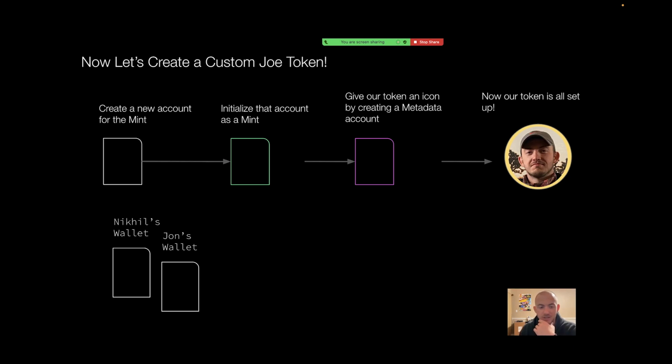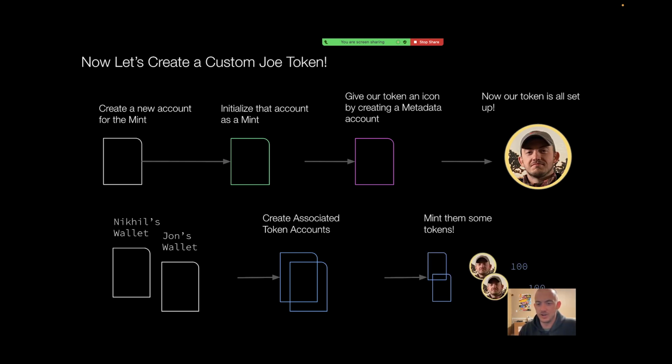So make sure you go get those if you don't have them. It's hilarious. So anyway, we create those associated token accounts, get those set up. And once those are set up, we could do exactly that. And we can just go airdrop those tokens. And then your friends wake up and they've got your face on a token of some quantity in their wallet. And that's it. So that's how you basically go about doing tokens on Solana.